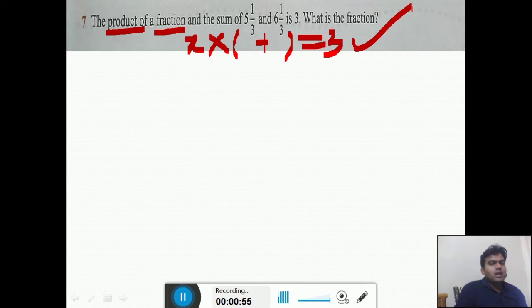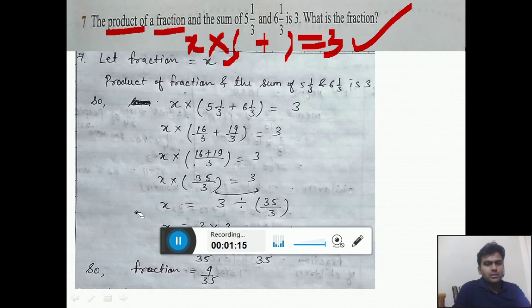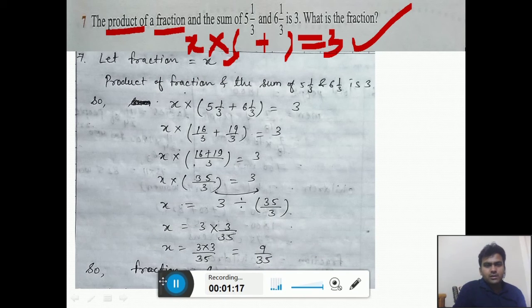Now we have to solve this expression and find the value of x, and the value of x is the fraction. So let's see, let the fraction be x. The product of a fraction and the sum, the fraction equals x.